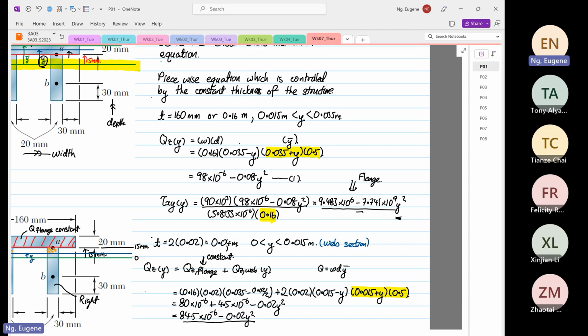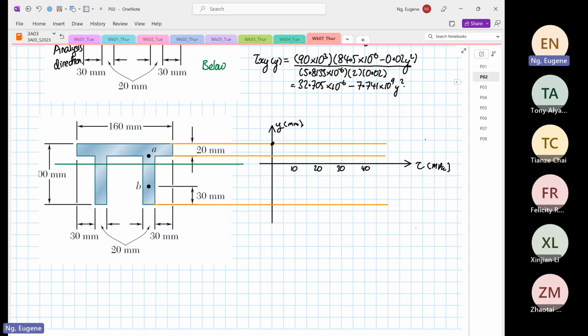So 9.483 power 6 minus 7.741 power 9 times 0.015 times 0.015, it will be 7.741. So this value over here is 7.741.